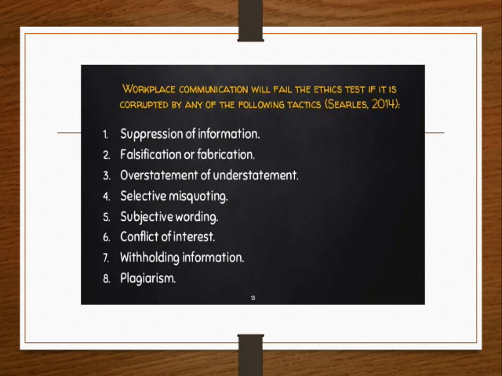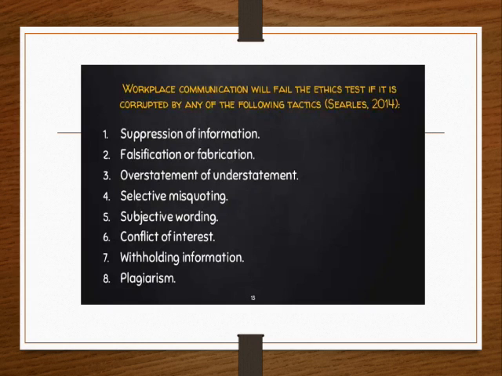Two, falsification or fabrication. Fabrication is making up data or results, while falsification is manipulating research materials, equipment, or processes, or changing or omitting data or results such that the research is not accurately represented in the research record.